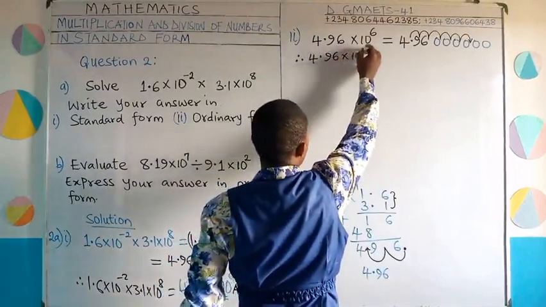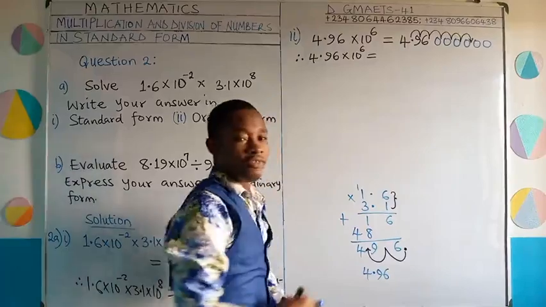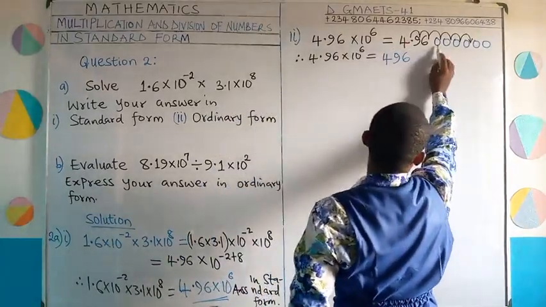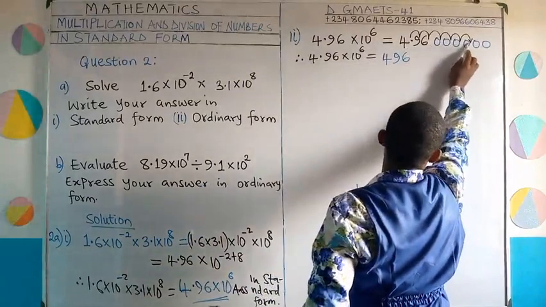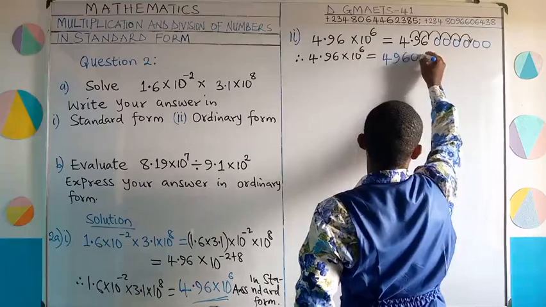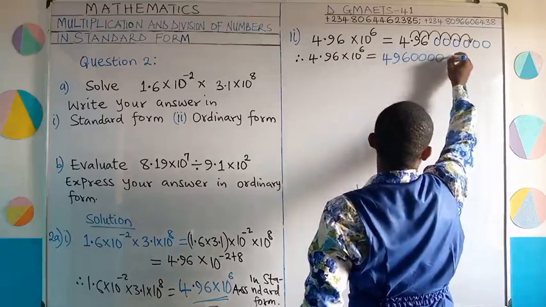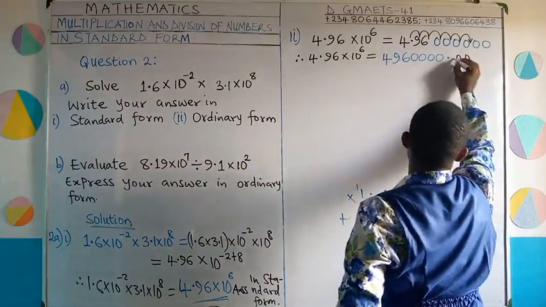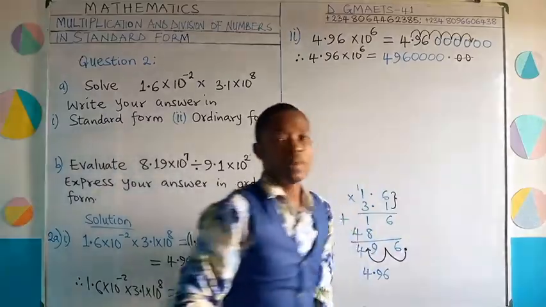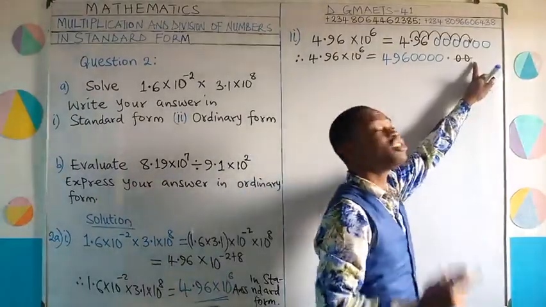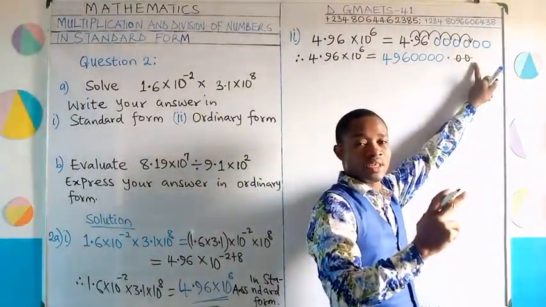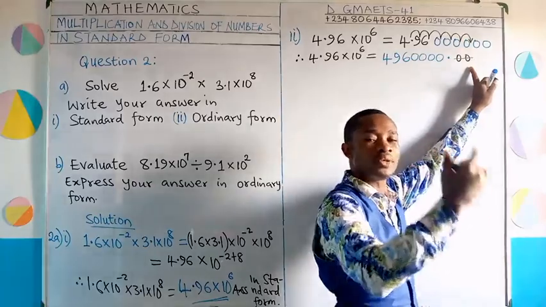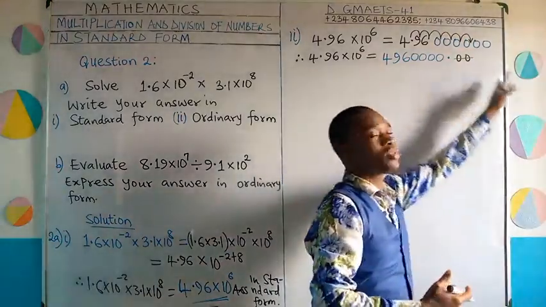4.96 times 10 raised to the power 6, written in ordinary form, is 4, 9, 6. How many zeros? 1, 2, 3, 4 zeros. 0, 0, 0, 0. Then I have 0.00. This 0.00 does not mean anything anymore because the point came before them and there is no non-zero digit after this one. So these zeros do not mean anything.